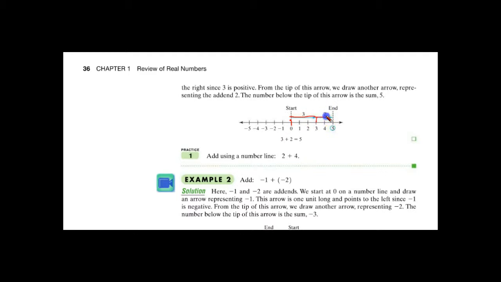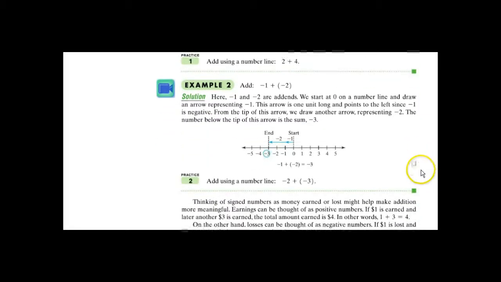And then we add 2 more, it brings us to 5. So that's pretty straightforward. And they want us to use the number line to illustrate this as well. So let's do number 2.